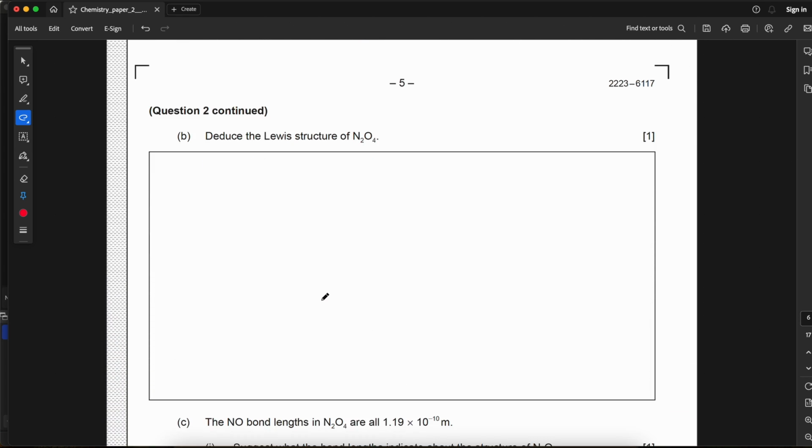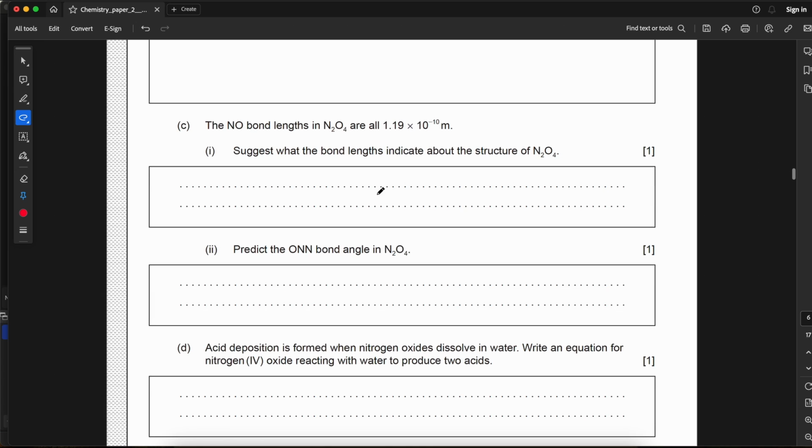So the structure of N2O4 has a double bond and a single bond as well. So N and this O, and O, so this will be a double bond. The NO bond lengths in N2O4 are all equal, 1.19 times 10 to the power -10 m.